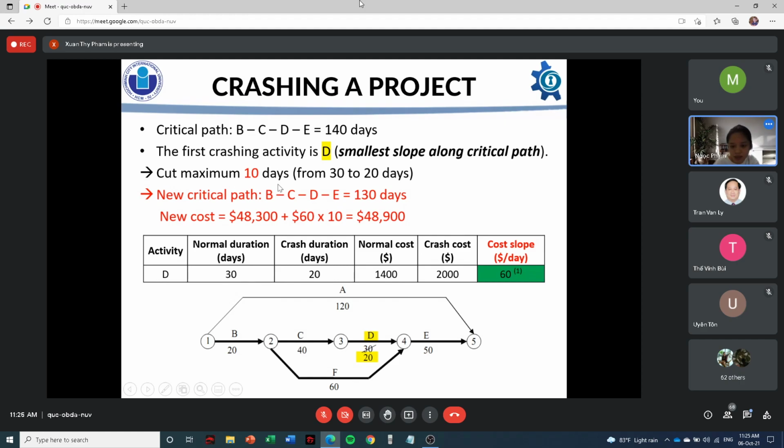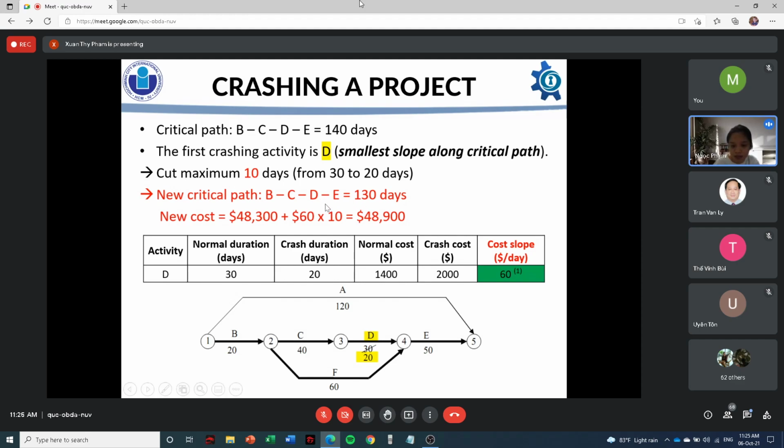So I cut it 10 days from 30 to 20 days, and the new critical path, which has the longest duration, is still B, C, D, and E, and it equals 130 days.